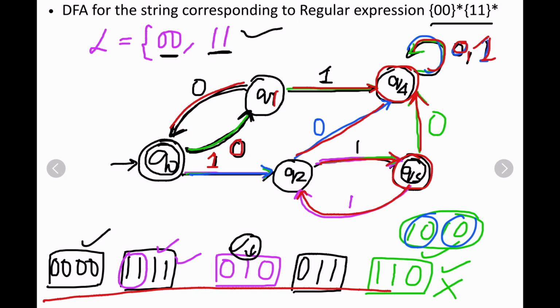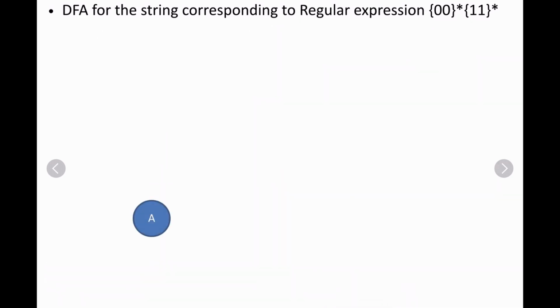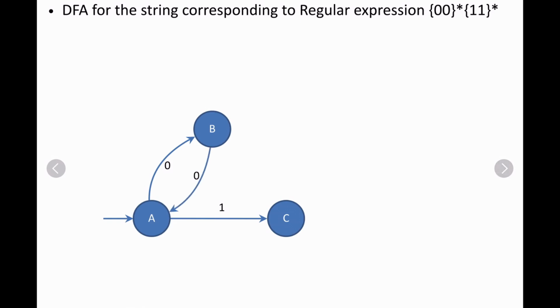So that is how you can draw the transition diagram for the given input. I will show an animated diagram for this. Look at this. A goes to B on 0 and to C on 1.